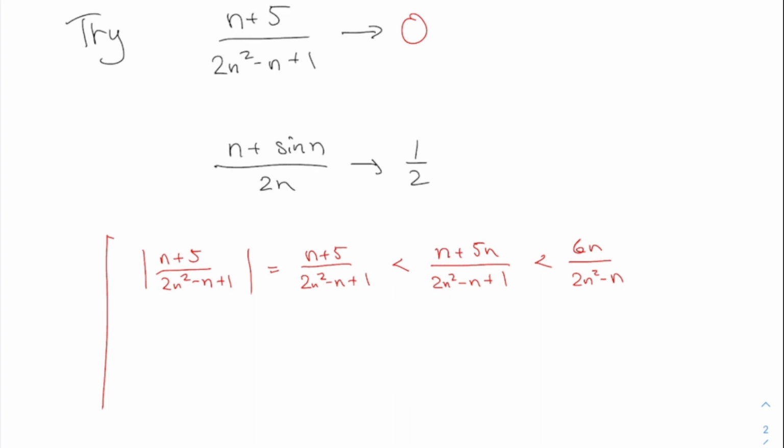What is that? And it's good. Yeah, the key step.